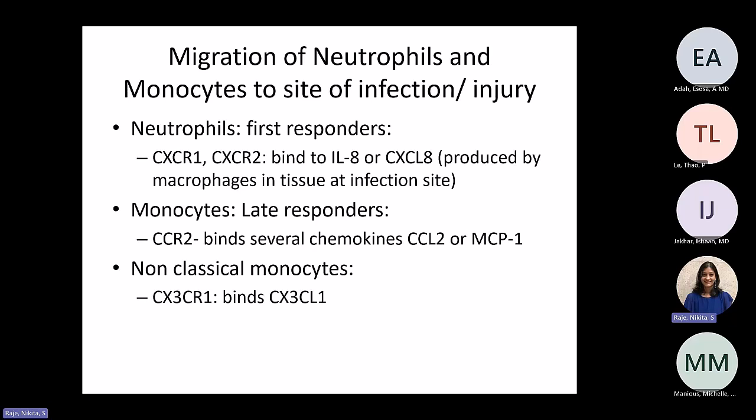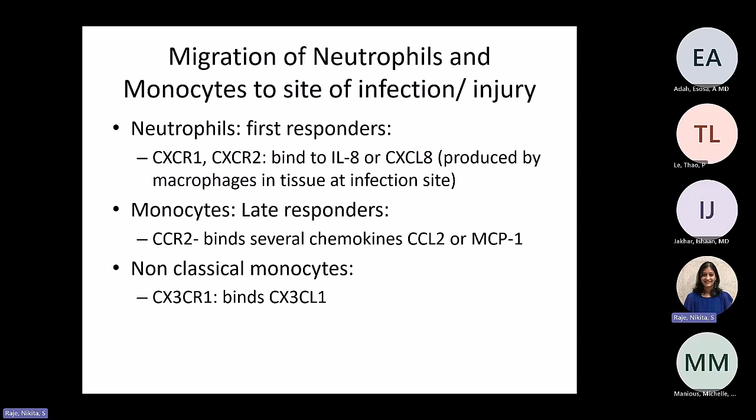It's produced by macrophages at the site of infection, telling the neutrophils to help. IL-8 reaches the circulation and sends the message to the neutrophils as it interacts with CXCR1 and CXCR2, and those neutrophils get the message to move out of the circulation and go to the site of infection.